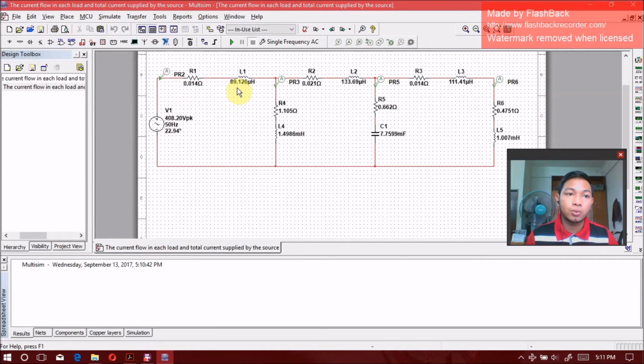Then we need to find the current flow in each load and the total current supplied by the source. I already put an ammeter for every load: this is load 1, load 2 and load 3, so ammeter 1, ammeter 2, ammeter 3, and the ammeter for the total current supply. We just need to run it to get the answer.